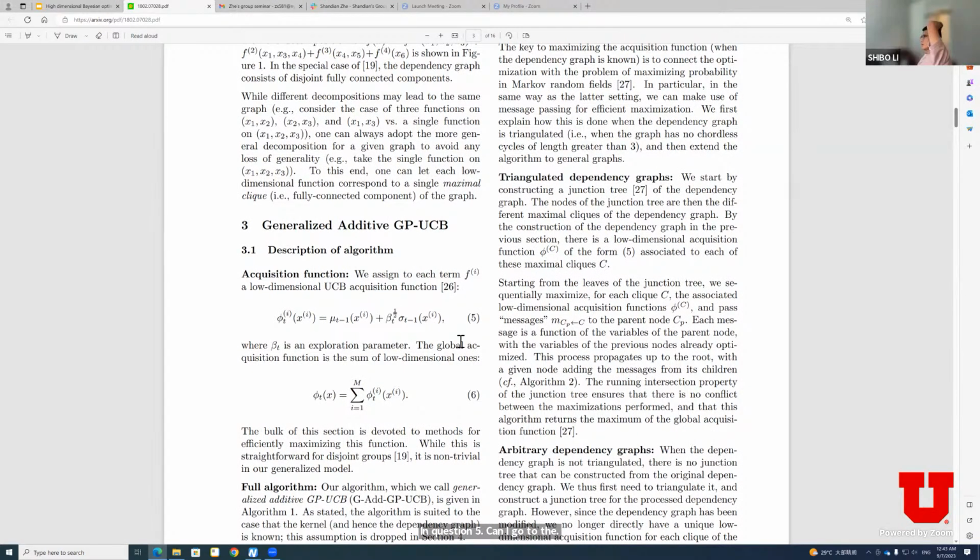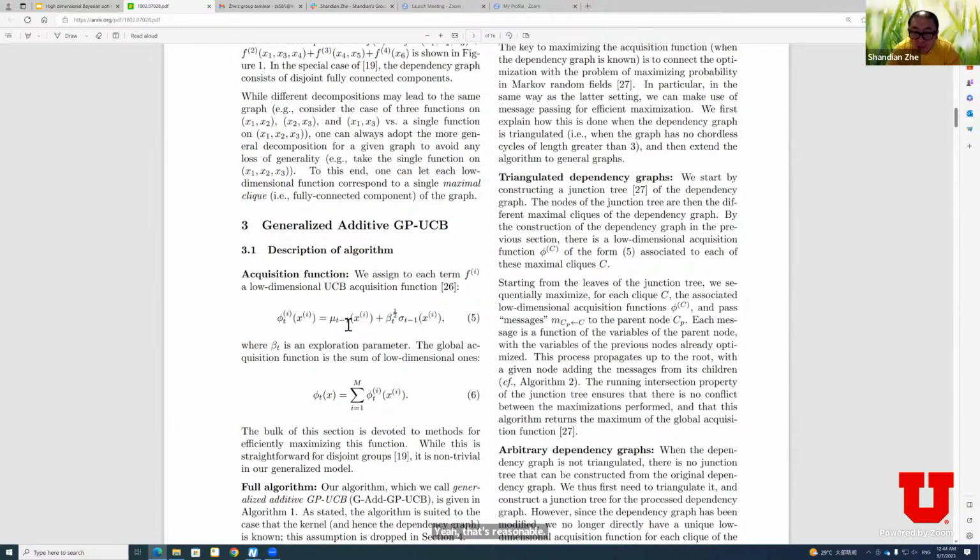For each node, they compute the UCB. Okay, and they use message passing. Phi I is a GP learned on x I. This is UCB, and the global acquisition function is the sum of low dimensional nodes. Yeah, that's reasonable.